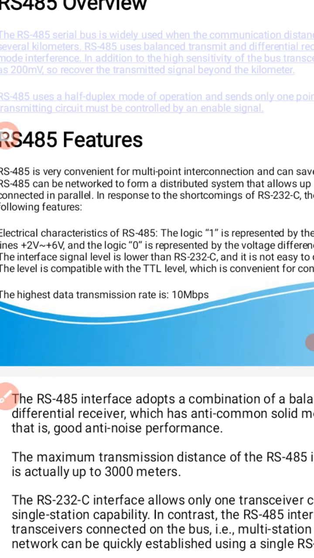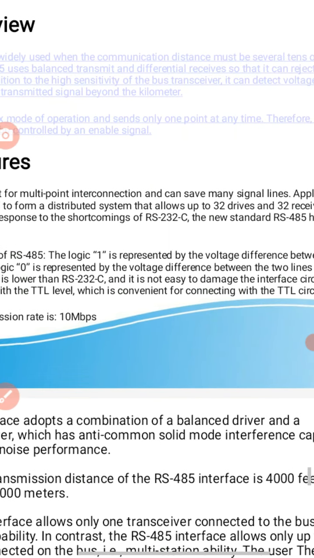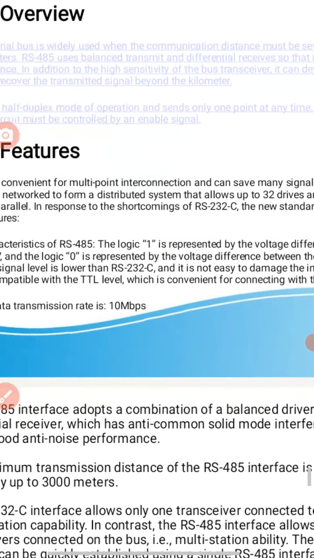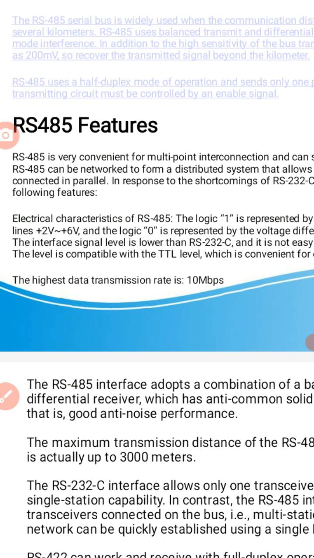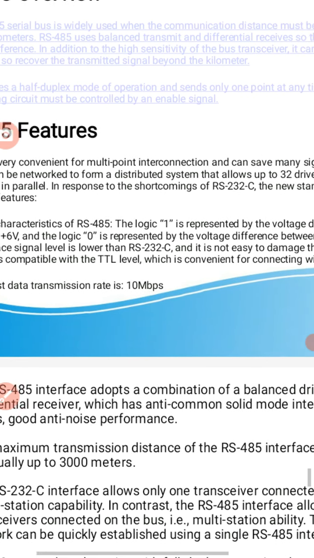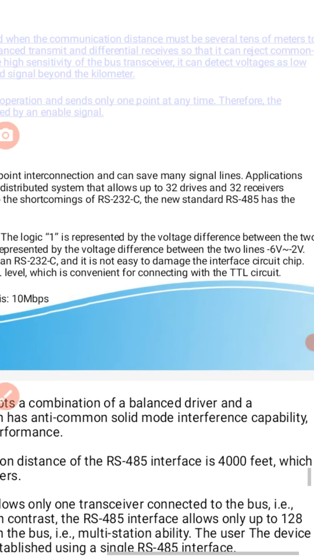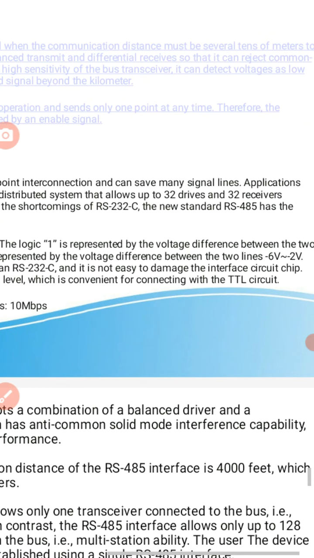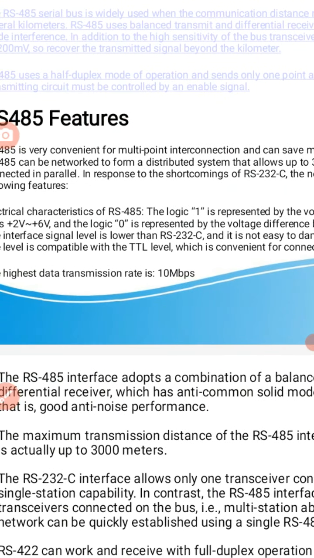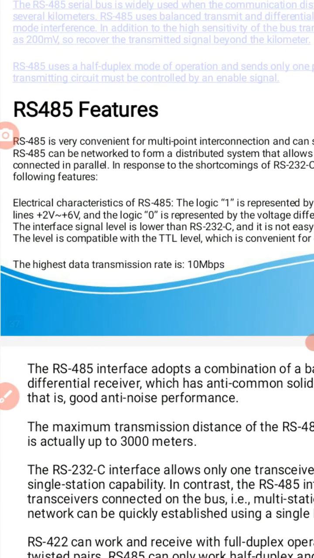Electrical characteristics of RS485. Logic 1 is represented by the voltage difference between the two lines of plus 2 volts to plus 6 volts, and logic 0 is represented by the voltage difference between the two lines of minus 6 volts to minus 2 volts.